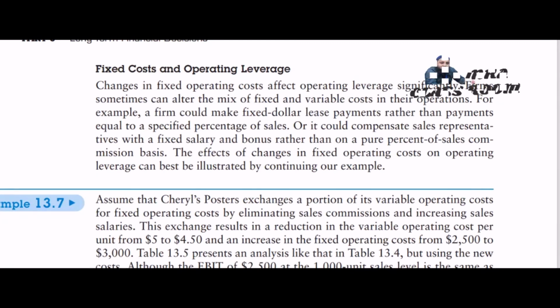So finally we conclude that change in fixed operating cost affects operating leverage significantly. Firms sometimes can alter the mix of fixed and variable cost in their operations. For example, a firm could make fixed dollar lease payments rather than payments equal to a specified percentage of sales, or it could compensate sales representatives with a fixed salary and bonus rather than a pure percentage of sales commission basis.